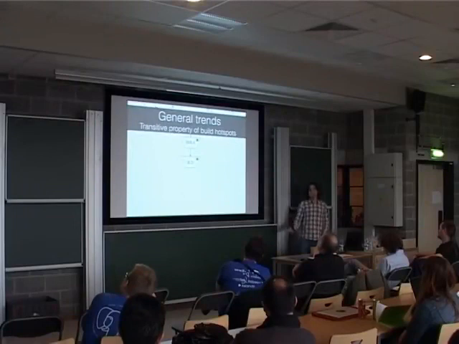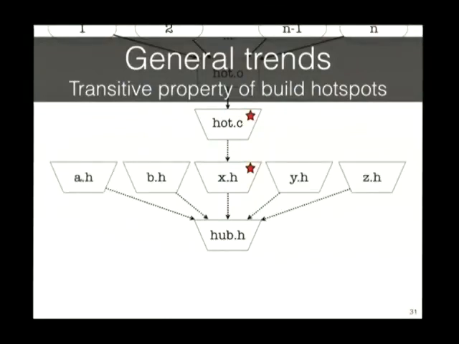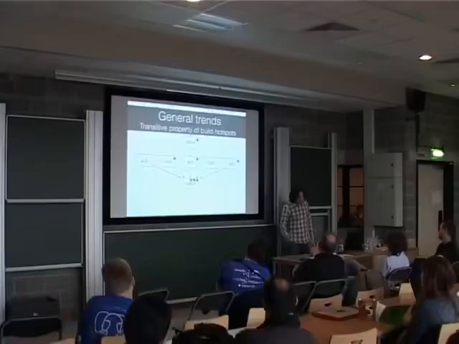But that's not it. If this header file is also included in another header file, and that header file includes several other header files, and some of those are also hotspots, we've got what we call a super hotspot. So changing this file will actually trigger 3 hotspots to recompile, which then keeps getting compounded the further up you go.